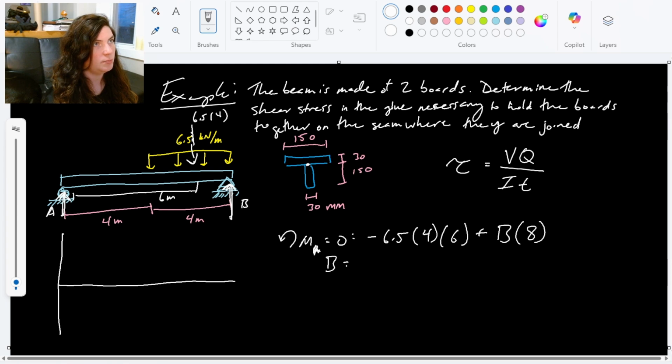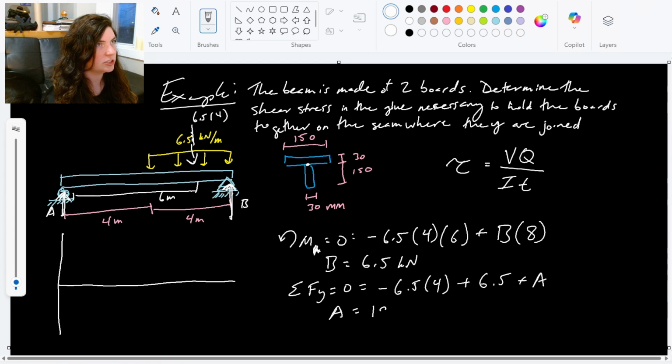So that gives us a B reaction value. When we plug that in the calculator, 6.5 kilonewtons. And then from our sum of Y forces, we have negative 6.5 times 4 plus the B value, 6.5, plus the A value gives us our A reaction is 19.5 kilonewtons.